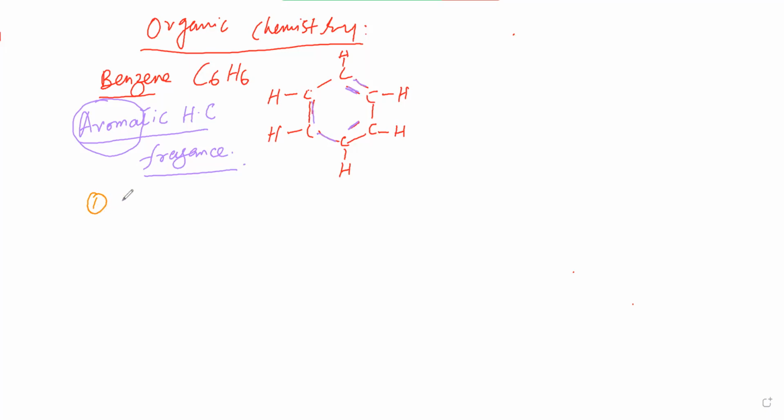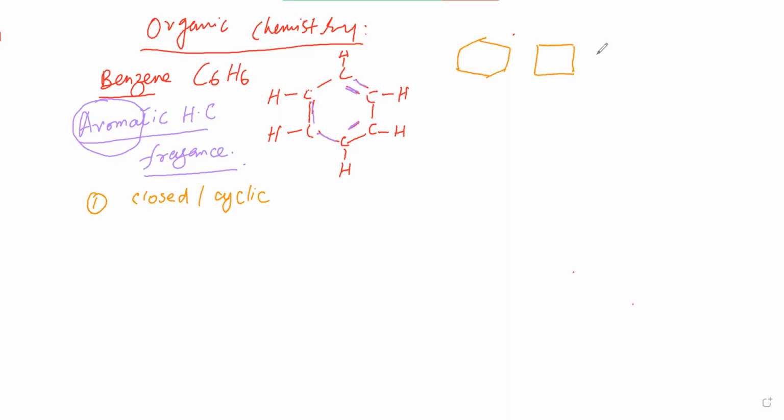Suppose a compound must be closed. Must be closed means must be cyclic in nature. It shouldn't be open. Like this is a cyclic structure.